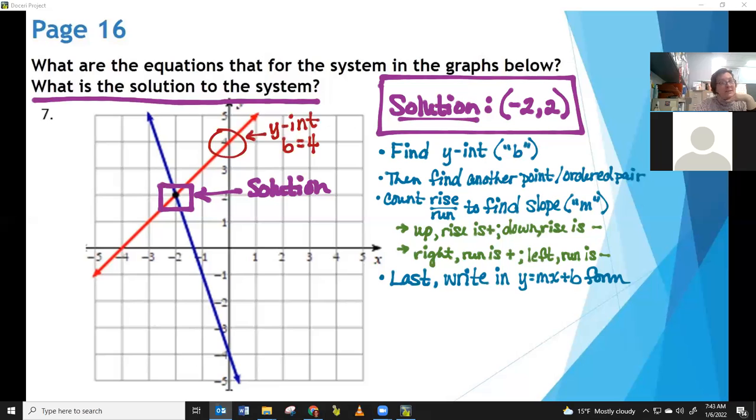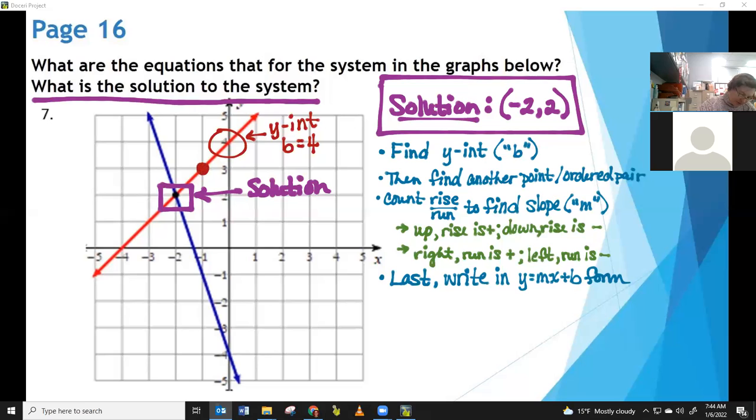Give me another point that I could use so that we can count between them. Give me another ordered pair. Anywhere on that graph where you could put a dot down, -1, 3. Absolutely, we can use that one. -1, 3.